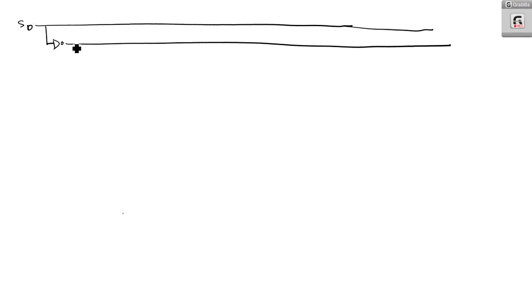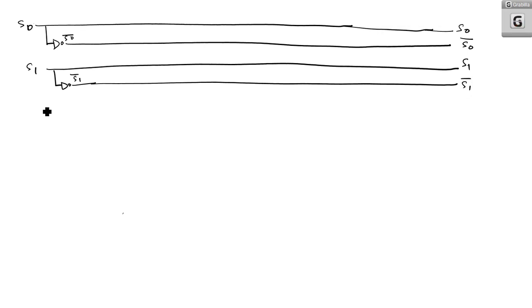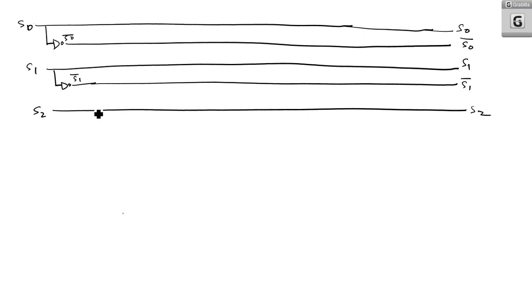This is S0, S0 bar, S1, S1 bar. This is S2, and we have S2 bar.